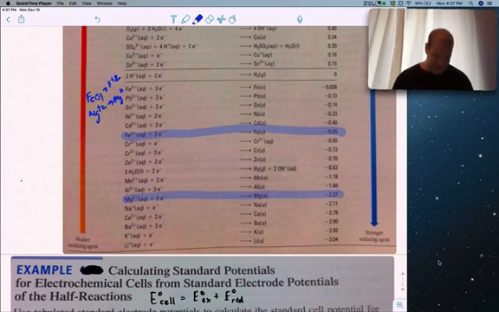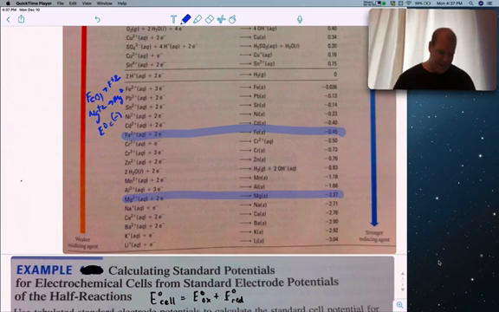So magnesium going that way, it's negative 2.37, and iron, we're going to flip that. It's going to be positive 0.45. Adding those together, we're going to get close to negative 2. So this one here, the E0 is negative, that means it's non-spontaneous.